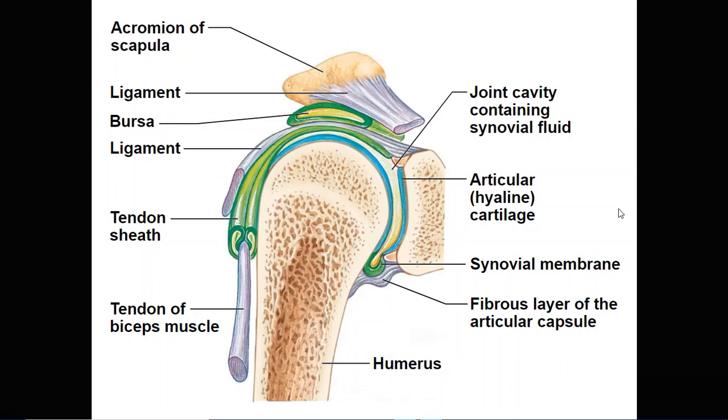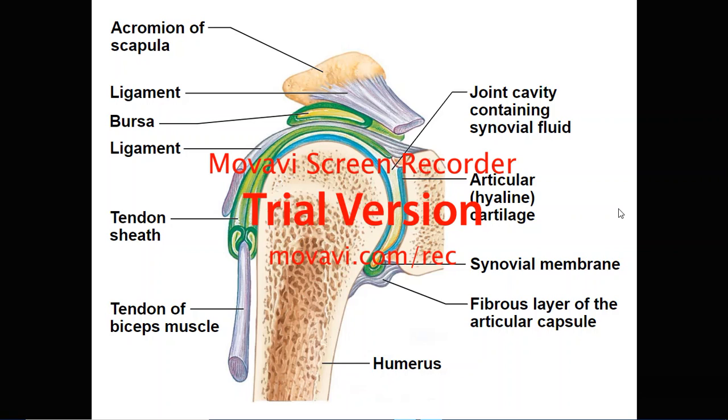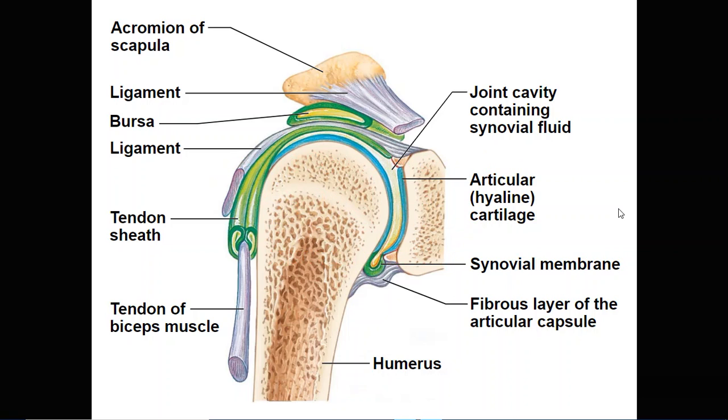And tendon sheaths are common where several tendons are crowded together within narrow canals. So again, this figure is showing you 2 features that are often associated with synovial joints, but aren't technically a part of a synovial joint, which is bursa and tendon sheath.